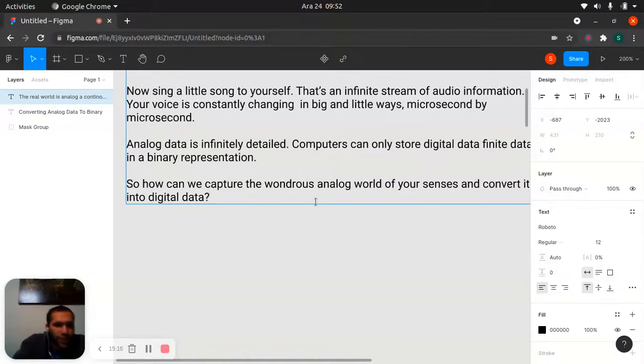So we can capture the wondrous analog world of your sense and convert it into digital data.